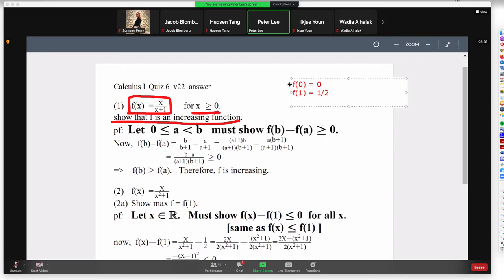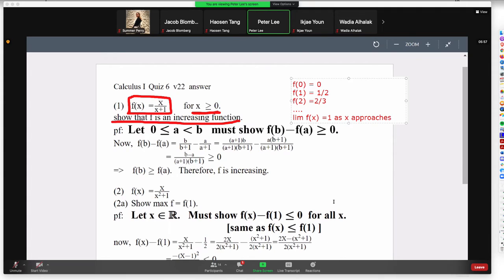And then what is f of 2? f of 2 is 2 over 3. And then blah, blah, blah, and you have some more. And then some of you even have the limit of f of x, which is equal to 1, as x approaches infinity.